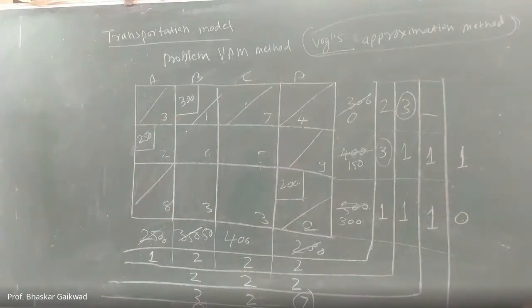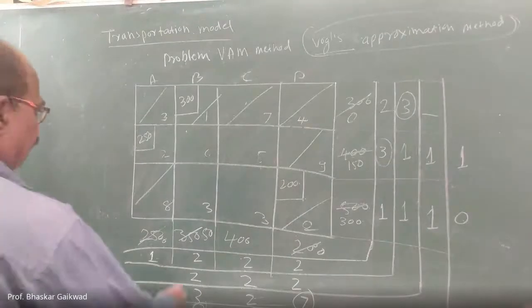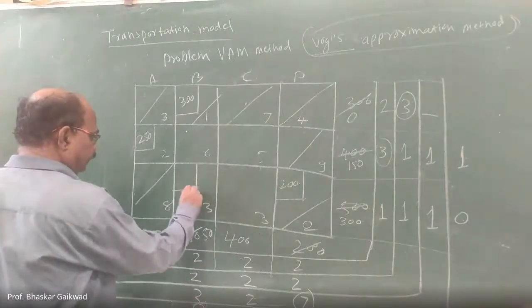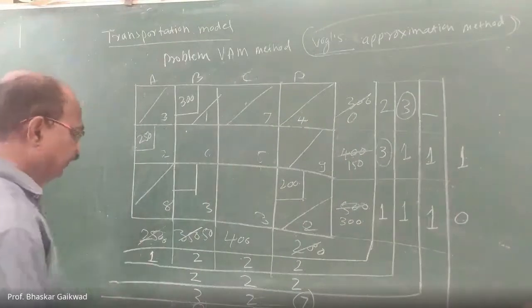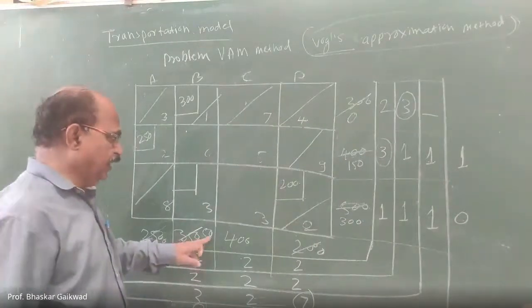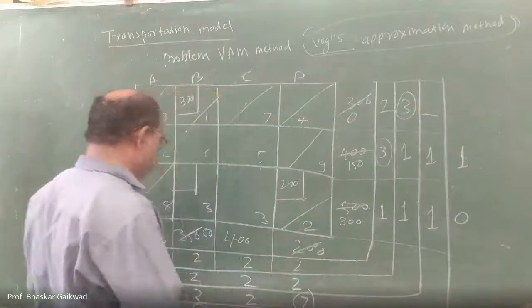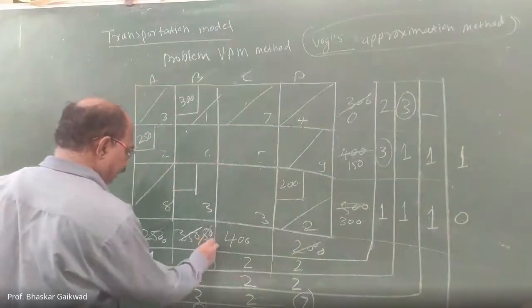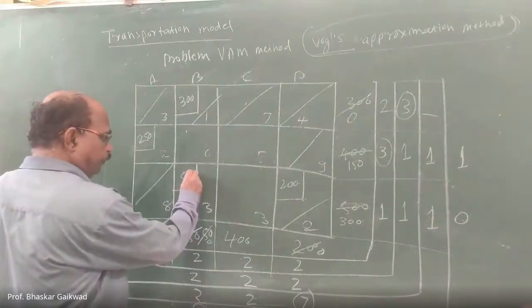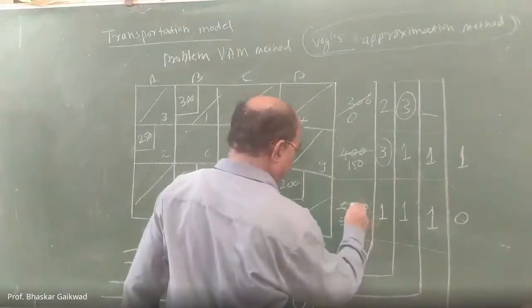Correct. So out of this, you can select the minimum value. Minimum value is 3. What is remaining here? 50 and here it is 300. So we can cancel this, and here we write 50 and here 250.